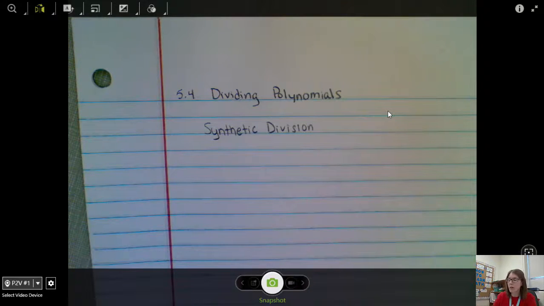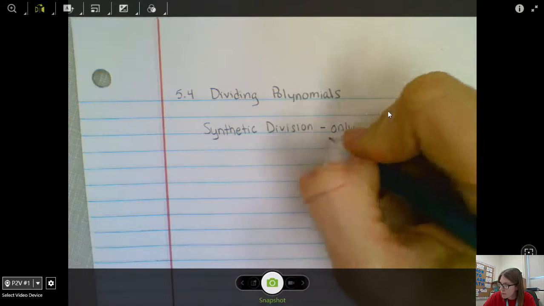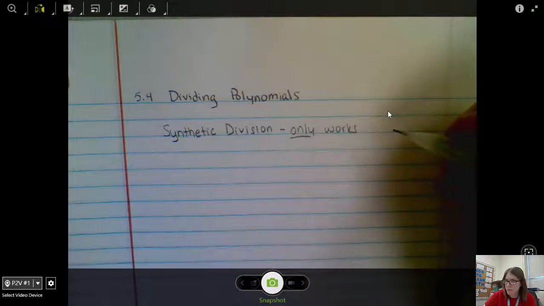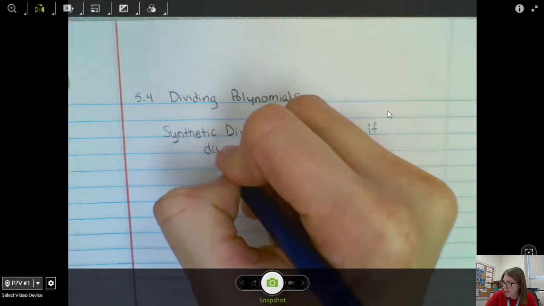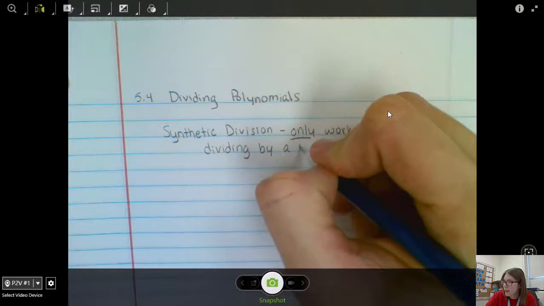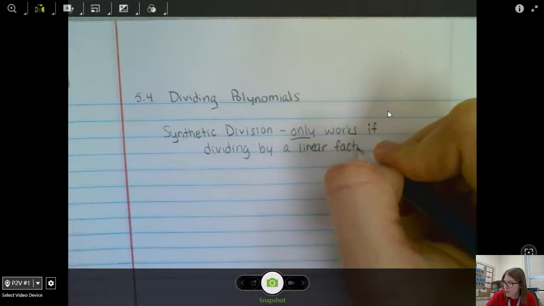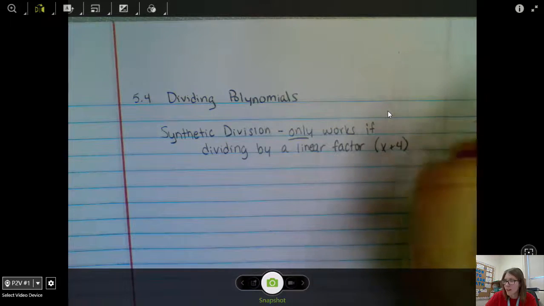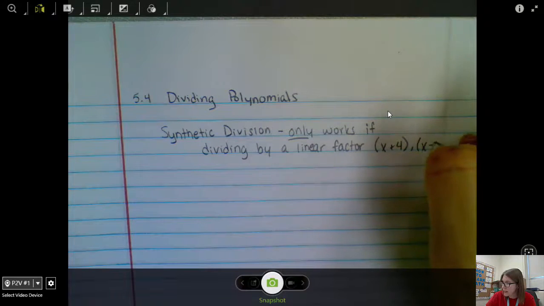Synthetic division only works if you are dividing by a linear factor. Something like x plus 4 or x minus 3.